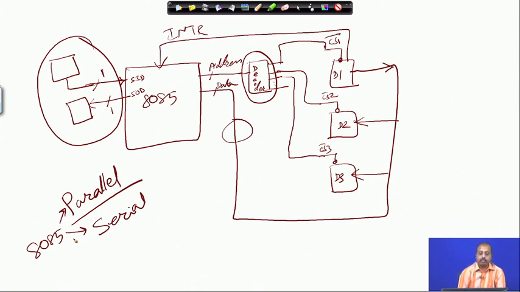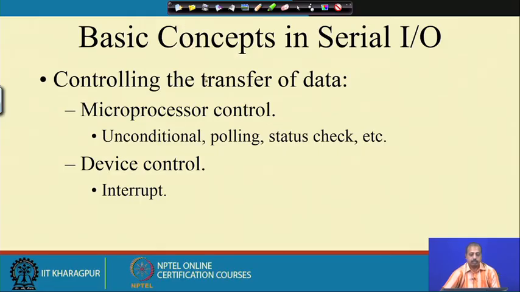And this parallel communication can again be classified into classes, like this transfer of data. It can be unconditional. Unconditional means that whenever the processor feels like, it will transfer the data to the device.